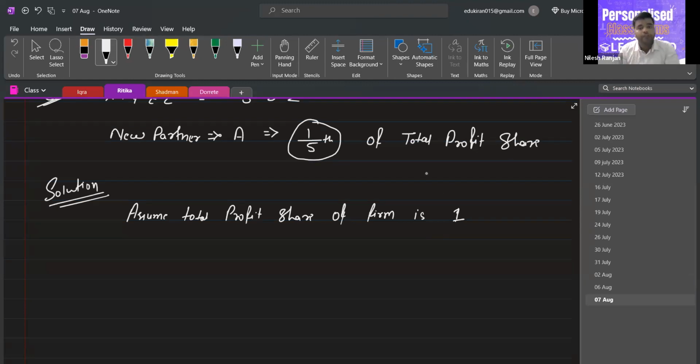So we will deduct the profit share of A, the new partner, from this total profit share, because we know the new profit share of the new partner. We don't know the old partners' new share. Okay. So if we deduct this 1/5 from the total profit share, the balance profit is left for which partner?